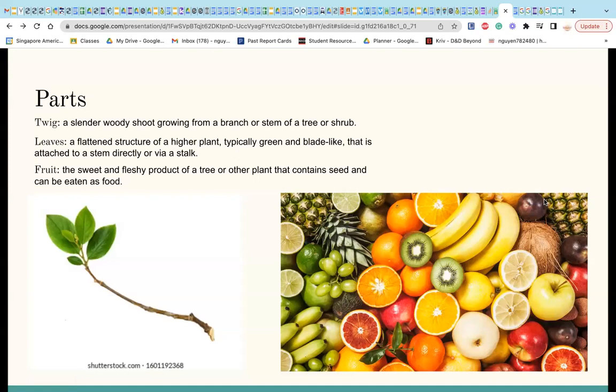Potatoes are root vegetables. They're not fruits. I think that the potato and the tomato look the same.